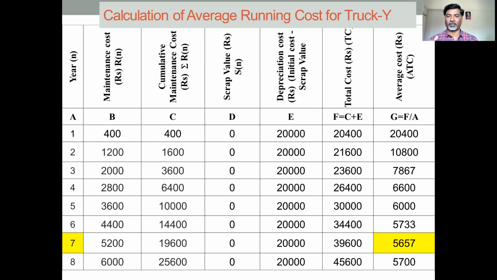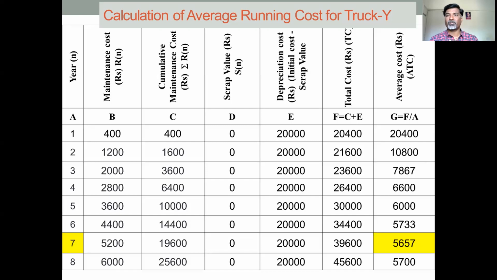But after completion of the 8th year, it is observed that the average maintenance cost is increasing. So you can give the suggestion that if you want to replace truck Y, then after every 7th year you have to replace truck Y.